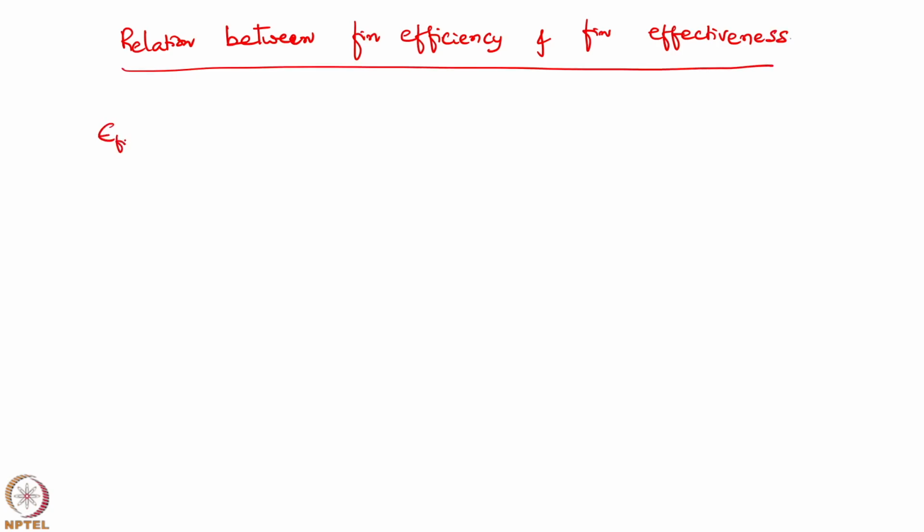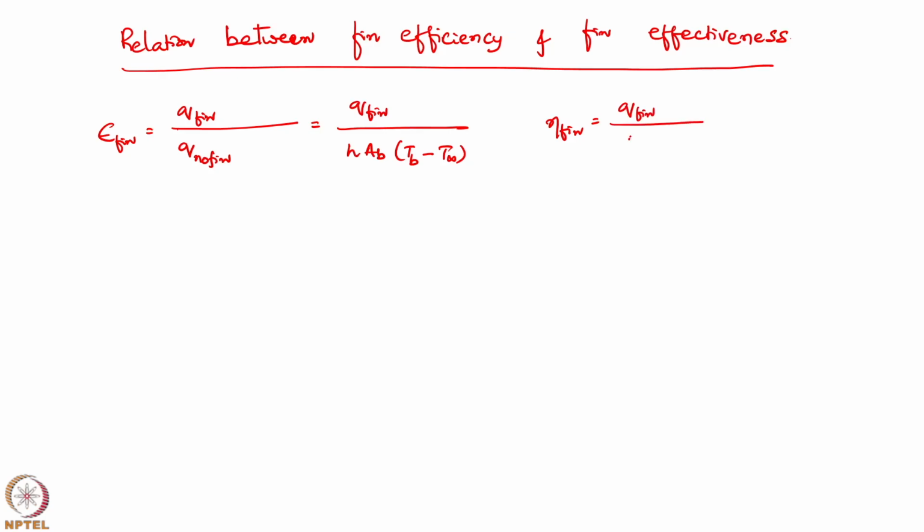So, effectiveness of the fin is equal to Q fin divided by Q no fin, that is Q fin divided by h into Ab into Tb minus T infinity. And efficiency of the fin is equal to Q fin divided by Q fin maximum, how much maximum a fin can take away if it is having infinite thermal conductivity, that is Q fin divided by h into area of the fin into Tb minus T infinity.